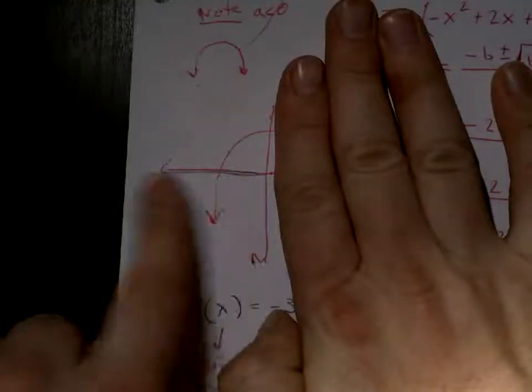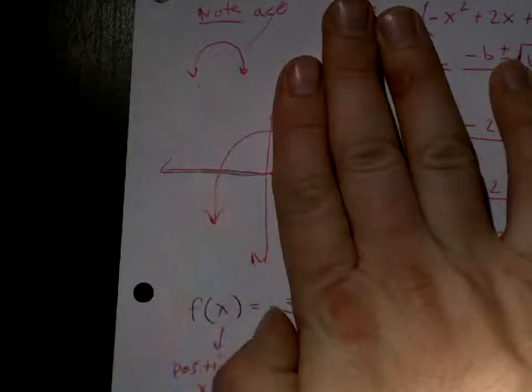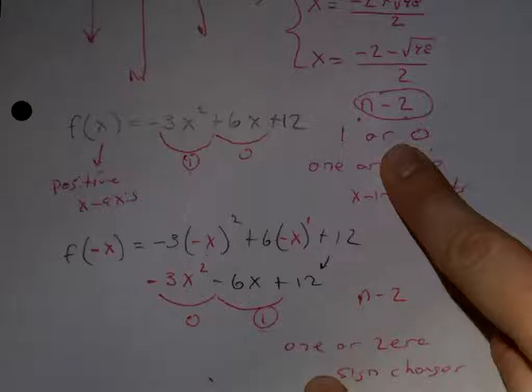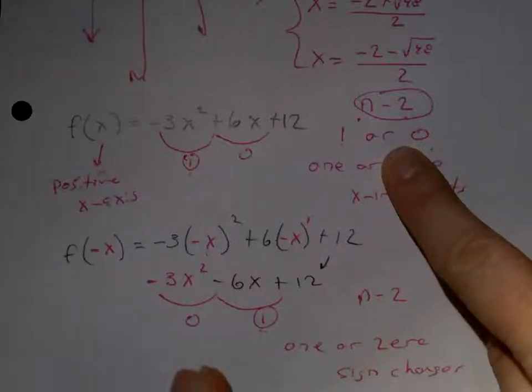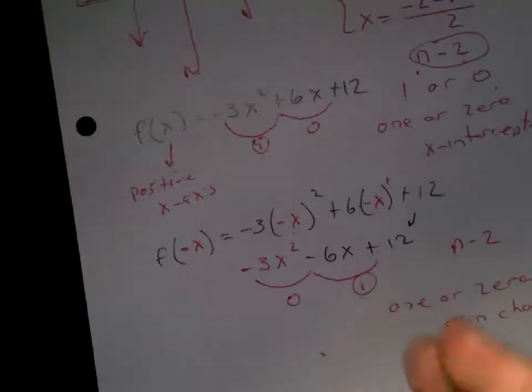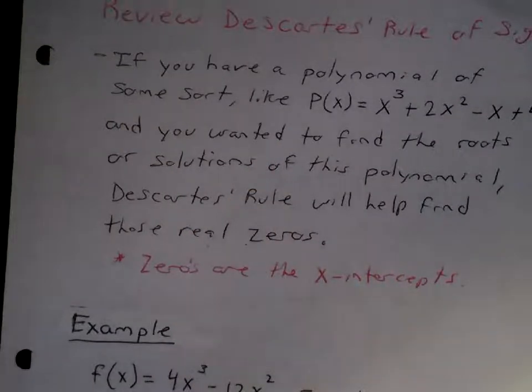If we put in any negative number, remember we had 1 or 0? Boom. That right there shows us that this is going to intersect once on each side. This kind of gives you an idea about how the Descartes part works in all this.